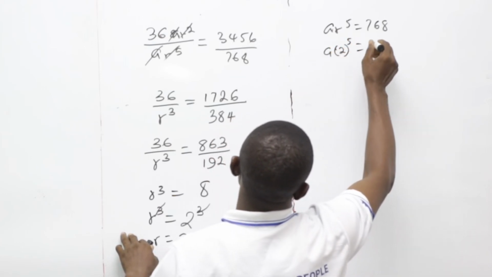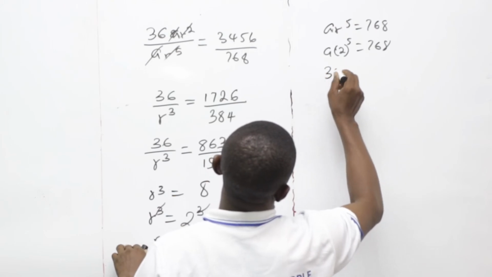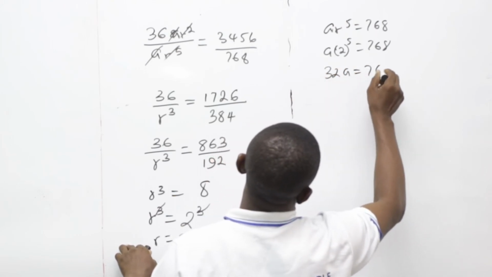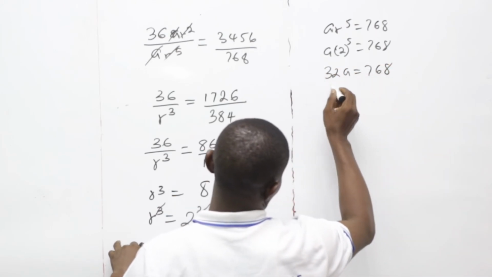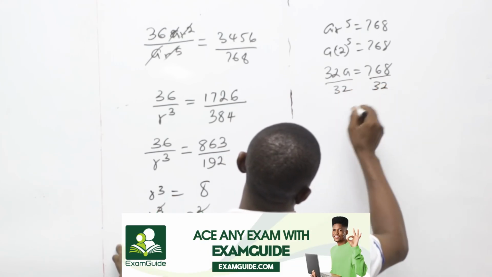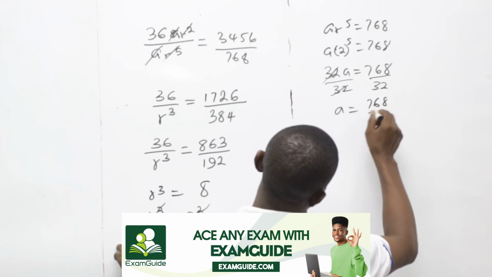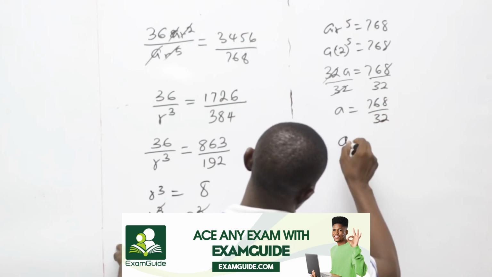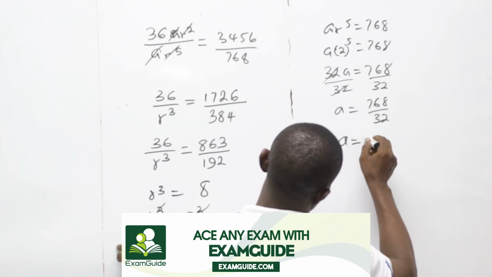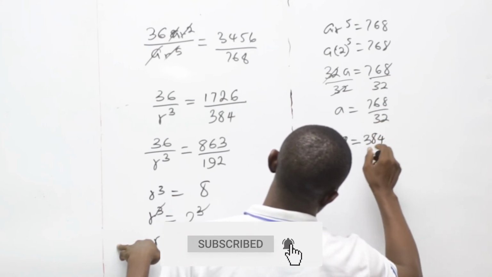Then 2 power 5 equals 32. So 32A equals 768, so that A will give us 768 all over 32. 2 in 7 is 3, carry 1. 8, 4.